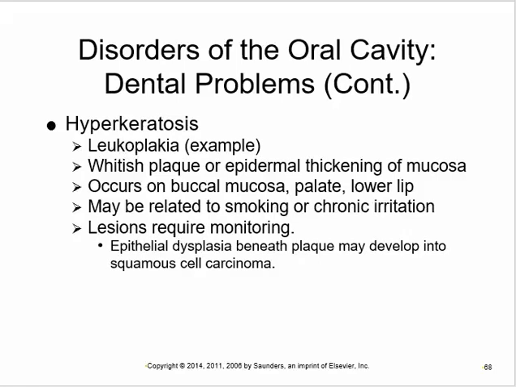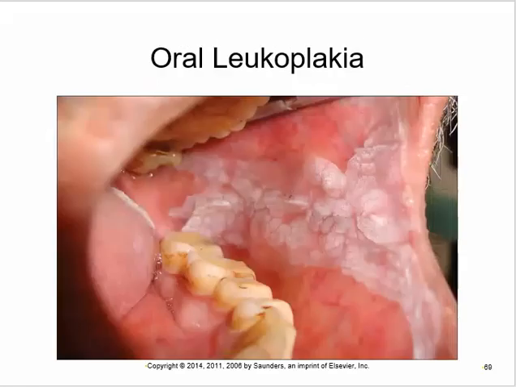Things that chronically irritate the mucosa, because they're keratinocytes, and irritation causes them to thicken, just like everywhere else. The biggest problem is then we start to get dysplastic cells, and it can become a squamous cell carcinoma. So when it's seen, it should be attended to.